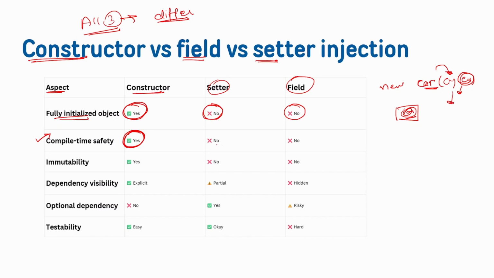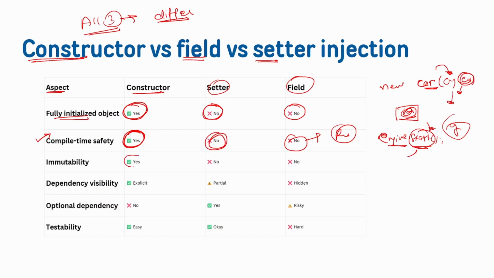But in case of field and setter injection, there is no compile time safety and we will get a runtime error, because when we write engine dot start, the compiler will not give us an error since it cannot see that the engine is null. In constructor injection there is immutability, but in the setter injection there is no immutability, it is mutable.